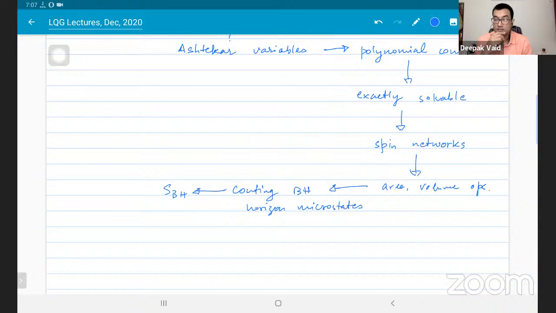Even now, if you listen to some talks, I listened to some talks 2 weeks ago, and another talk by the same speaker from 1 year ago. And the person claims that people say that loop quantum gravity gets the Bekenstein-Hawking entropy, but they really don't. And then the audience laughs.